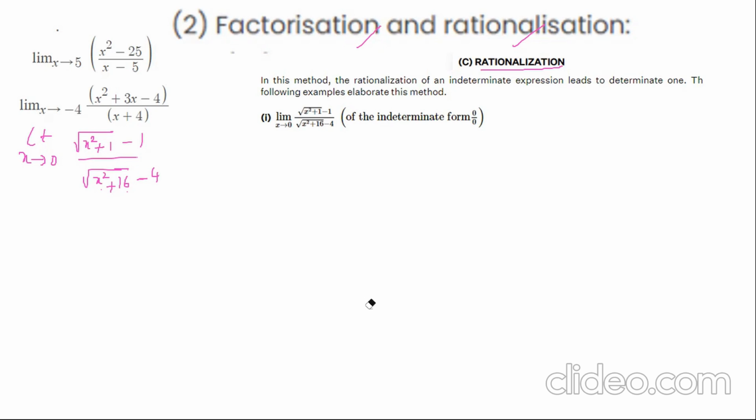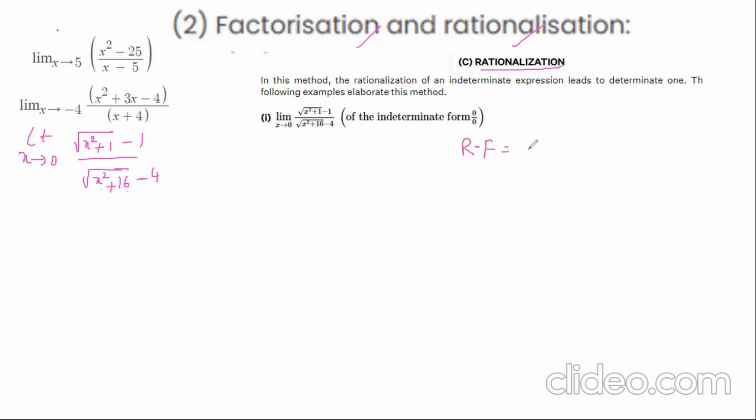Numerator or denominator? So now, x square plus 1. Let us rationalize the numerator. So what is our numerator here? The numerator is root of (x square plus 1) minus 1. So what is the rationalizing factor?